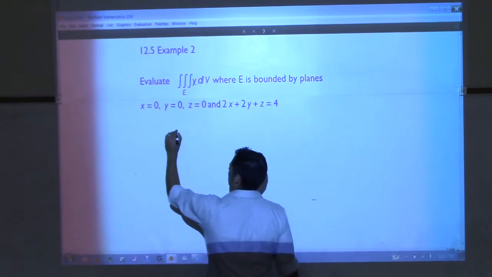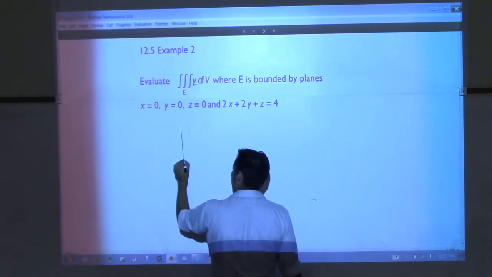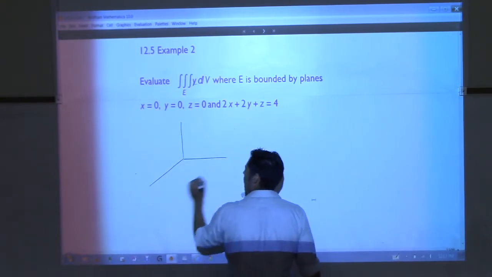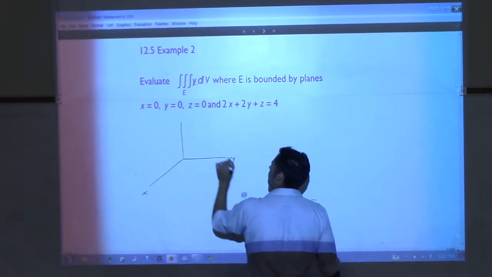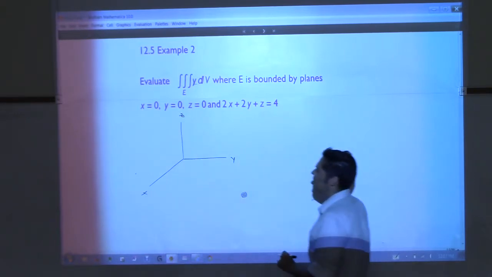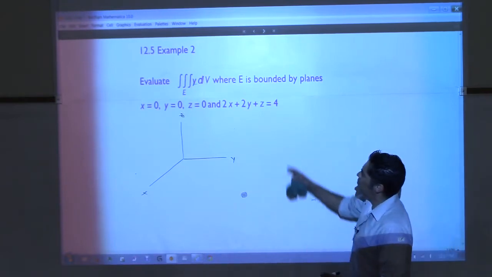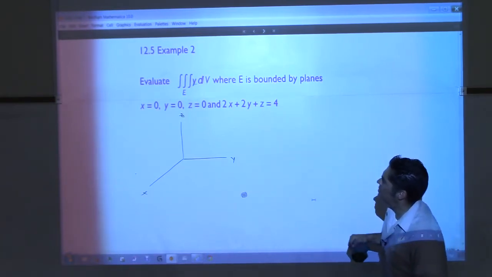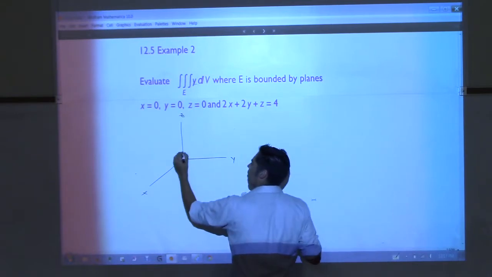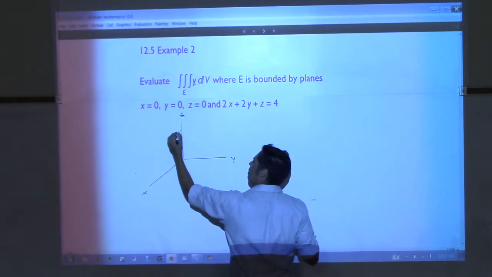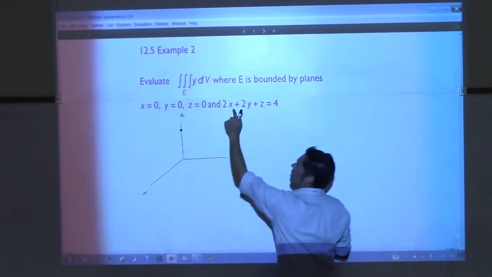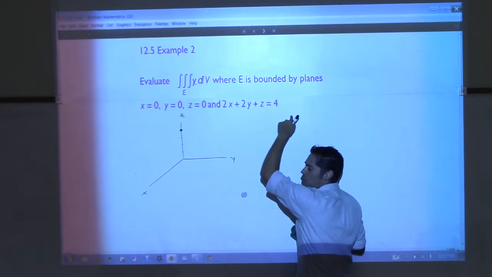So here we go. Let me try and draw this. I've had bad luck drawing planes in three-dimensional space before, so I'm going to do my x, y, z like that. Let me figure out where this plane hits my z-axis. 4? And we're getting that by just plugging in x and y are 0, you get z is 4.